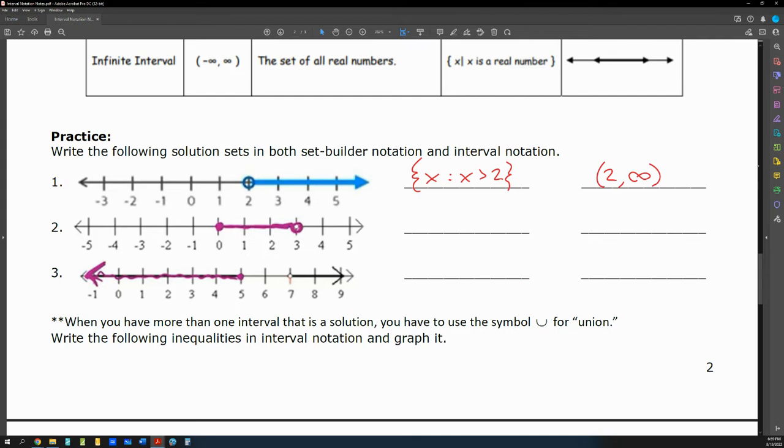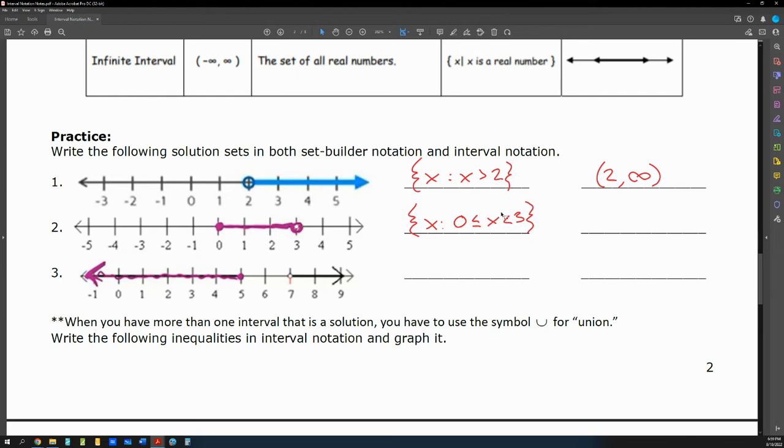For number 2, we can write this using a compound inequality. So we have our set builder notation, that curly bracket, x such that x is greater than or equal to 0. So we want to include 0, but less than 3. So we can write this compound inequality. Double check that your inequalities make sense with that graph. If you have a closed circle, you want that or equal to on that bound.